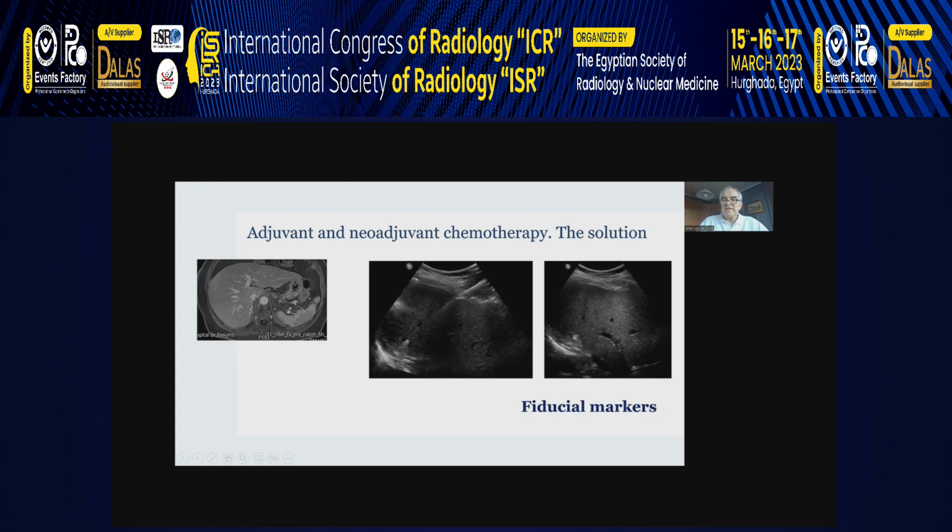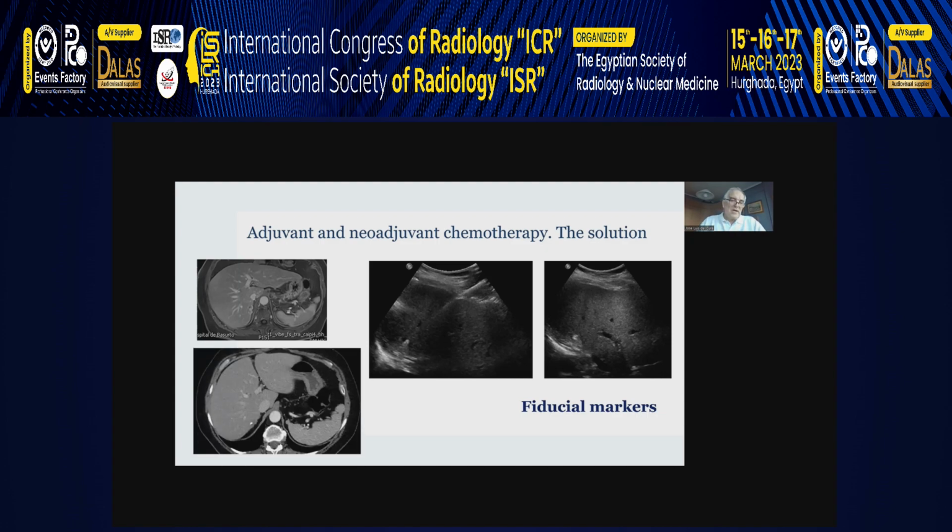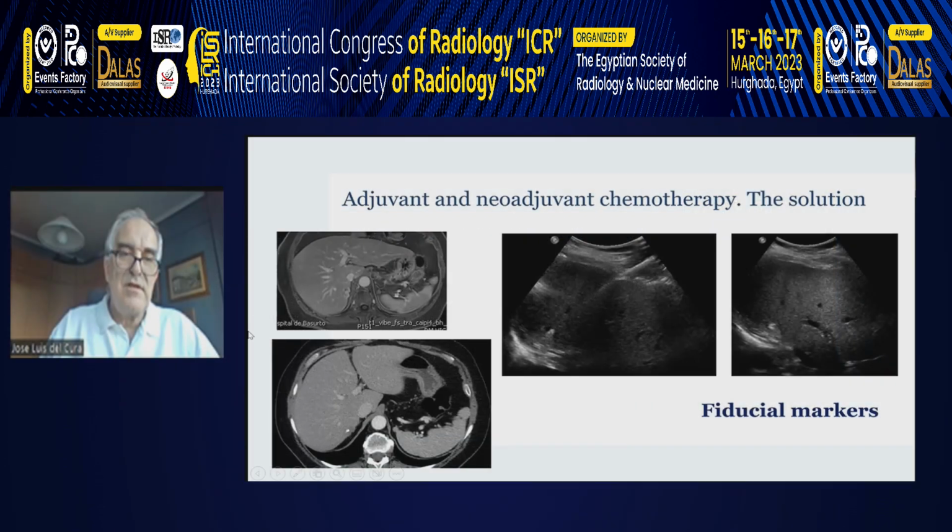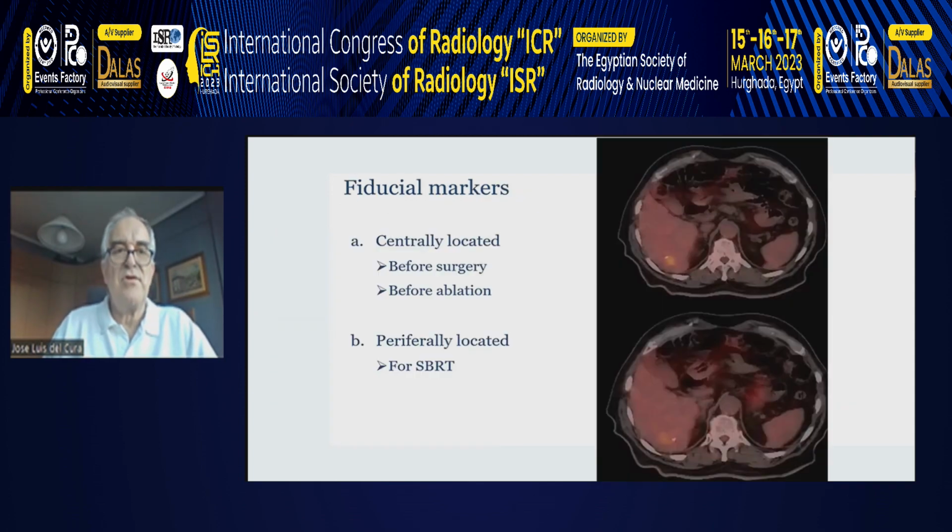We can place it in the lesion to be seen by the surgeon when he is going to resect the lesion and can resect the area of the lesion. And the same is true for ablation. In this case, you can see the marker here that after chemotherapy can signal the place of the lesion to the surgeon.